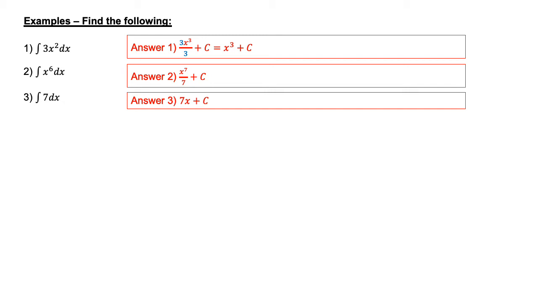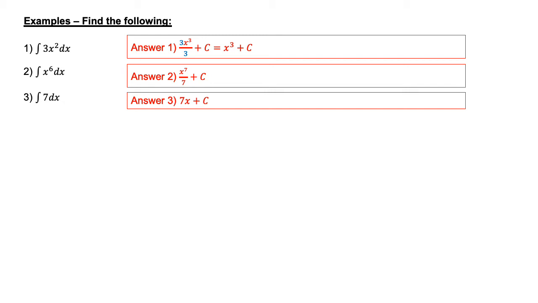And if you think about that carefully, why does that follow what I've just done in the first two examples? Well, 7 is the same as 7 times 1. And we know that 1 is the same as x to the power of 0. So basically by integrating 7, I'm actually integrating 7x to the power of 0.